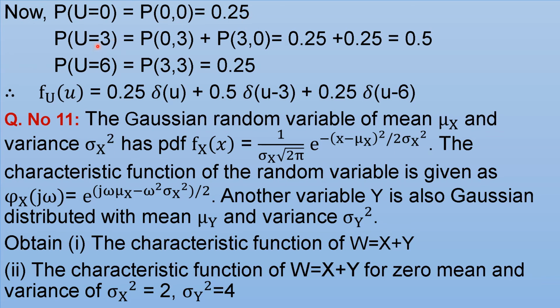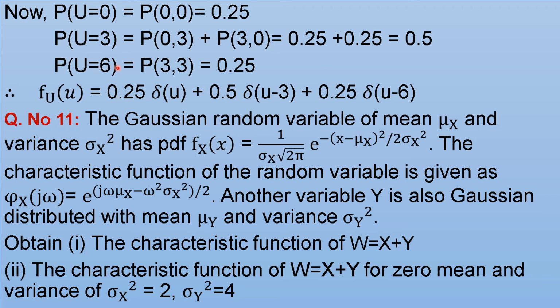Probability that u will be 3: u equal to 3 is possible when y1 is 0 and y2 is 3, or y1 is 3 and y2 is 0. So the probability that u will be 3 is equal to P of 0 comma 3 plus P of 3 comma 0, 0.25 plus 0.25, 0.5. Probability that u will be 6: the sum will be 6 only when y1 and y2 both are equal to 3.